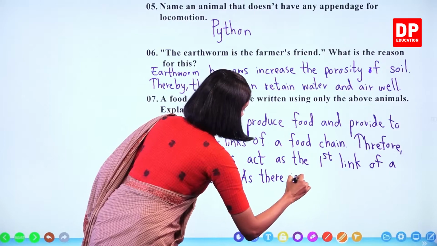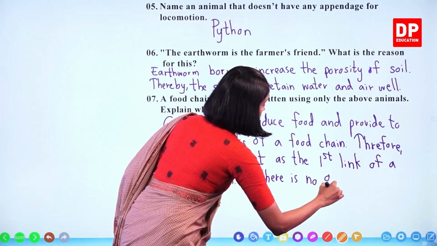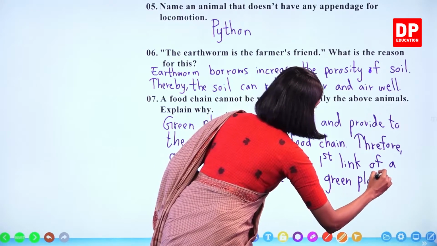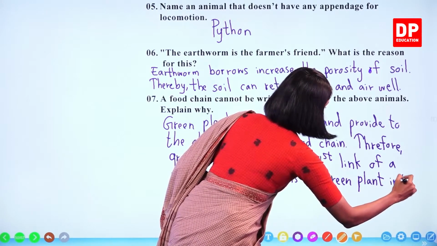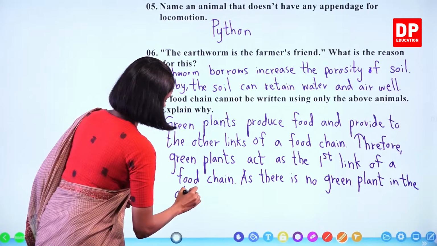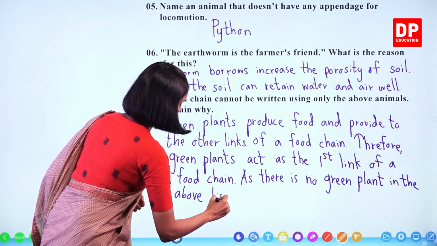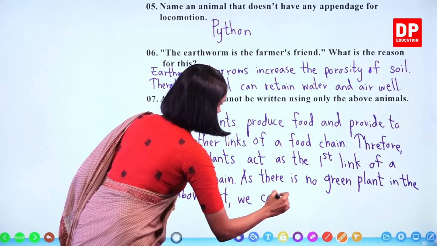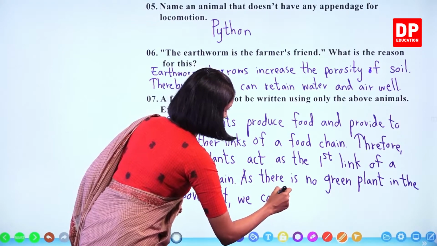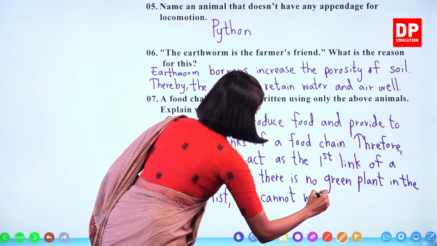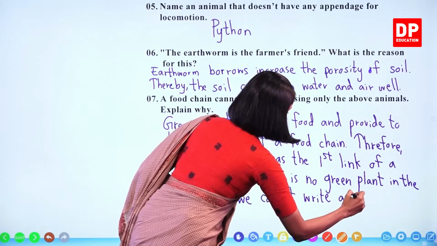As there is no green plant in the above list, we cannot write a food chain.